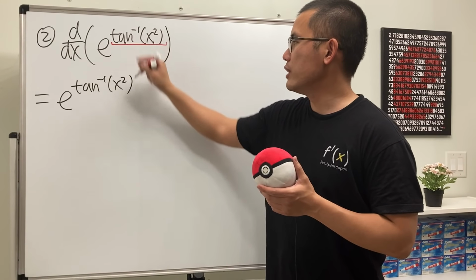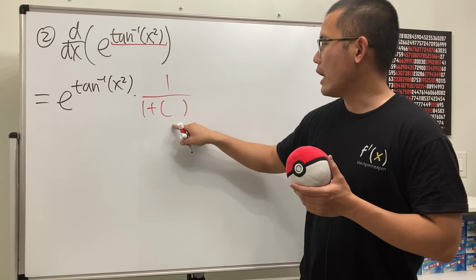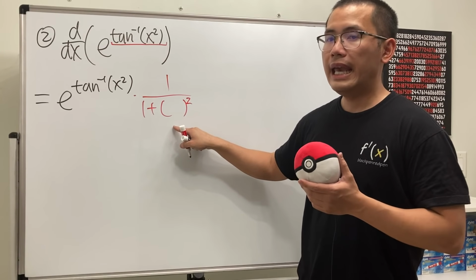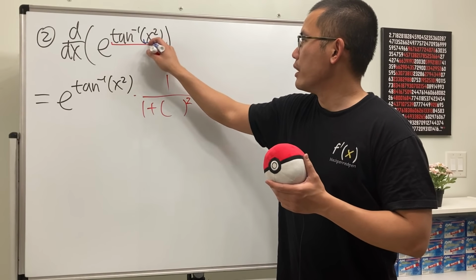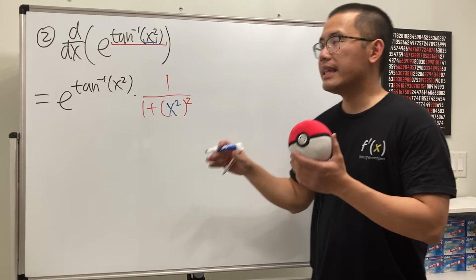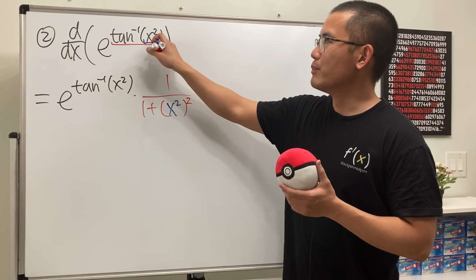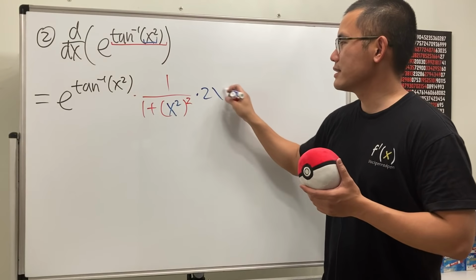Differentiating inverse tangent, we will just have 1 over 1 plus whatever the inside is, squared, and the inside here is x squared. But you maintain that, you put it inside here. And then next, we have to multiply by the derivative of the inside right here. So we multiply by 2x.